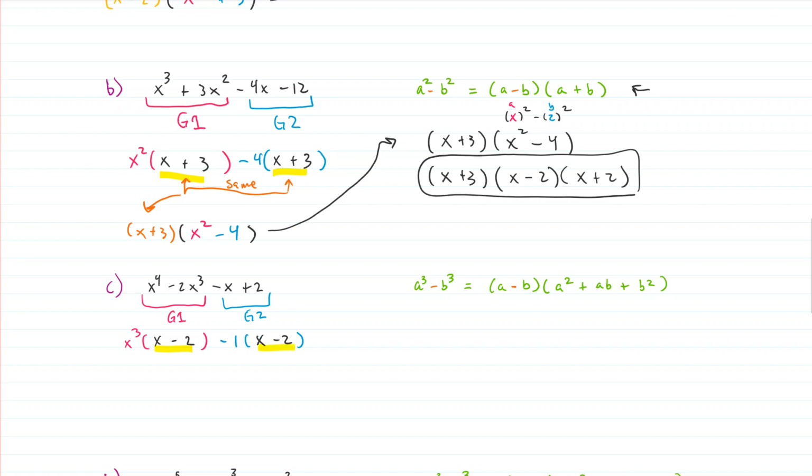So that common thing now is the same, right? We like that. We're going to plop it out front, and we get x minus 2. And what's left over?